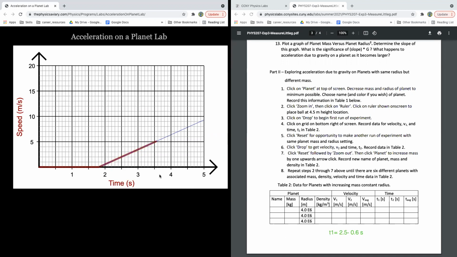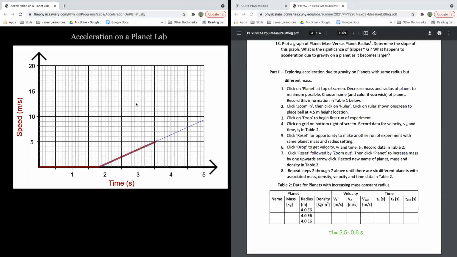And T1 will be 3.6 minus 1.8. So always remember, this is the part you care about. Do not include the time from the beginning, okay?